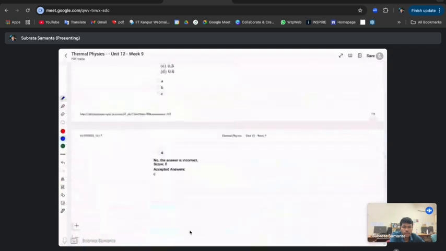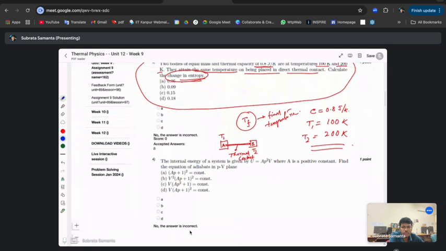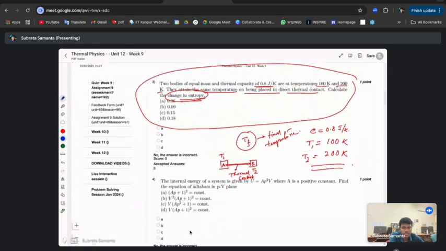So going back to this problem, problem number 3, 0.09, option B is correct. Any question?